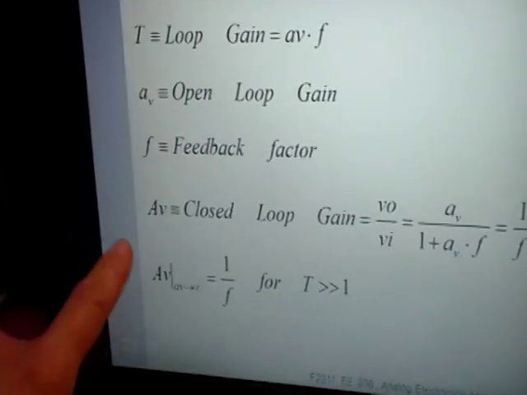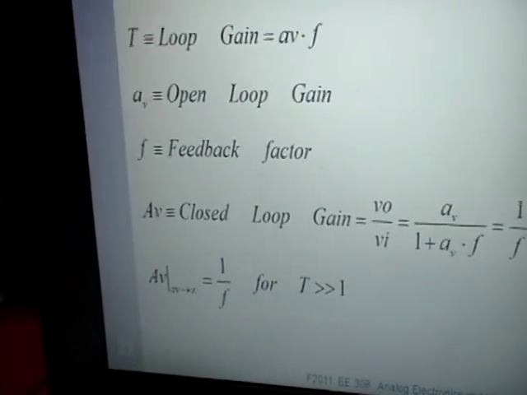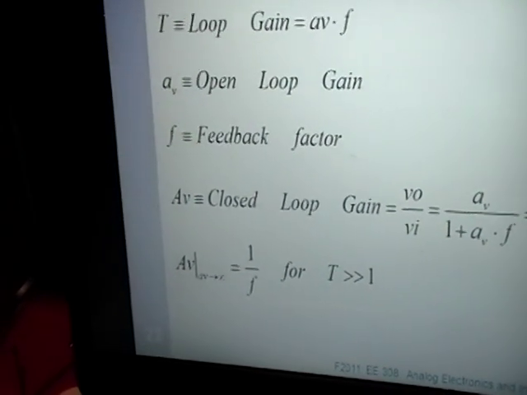AV with a capital A, that's the gain of your entire amplifier with feedback.